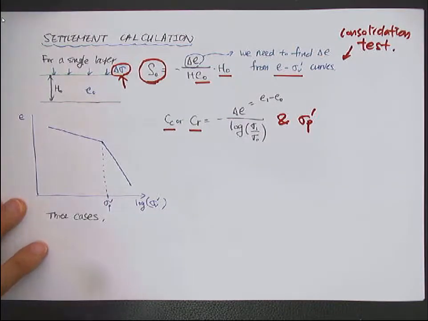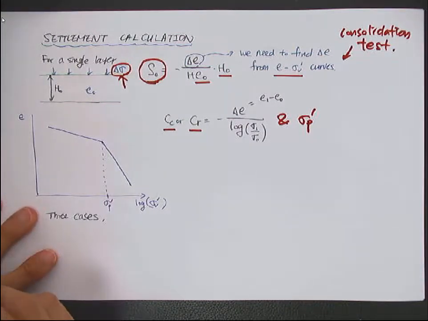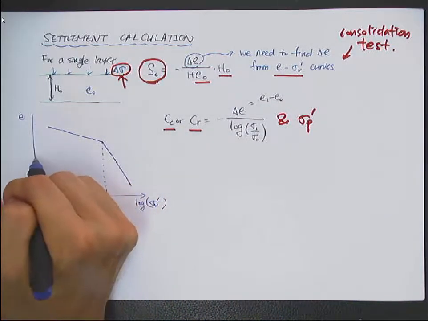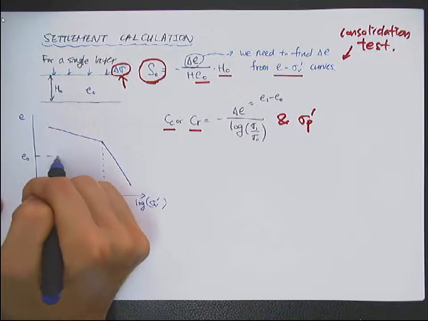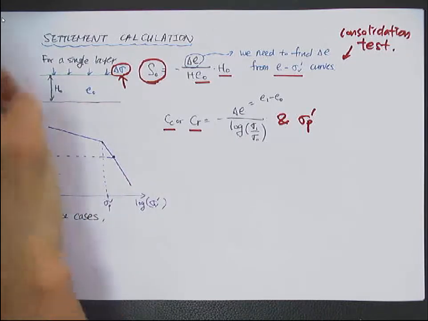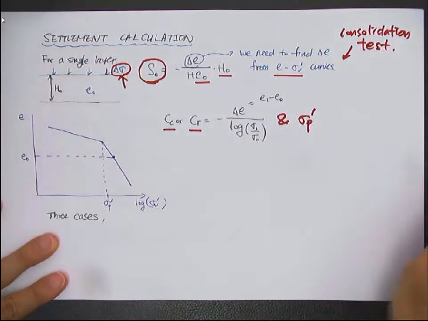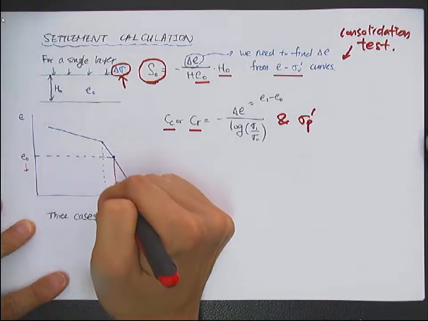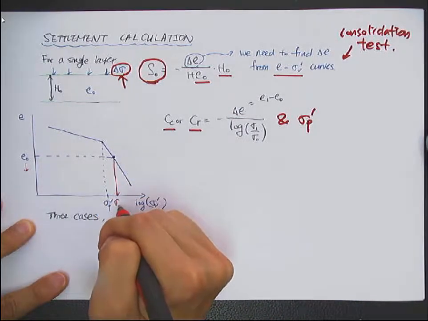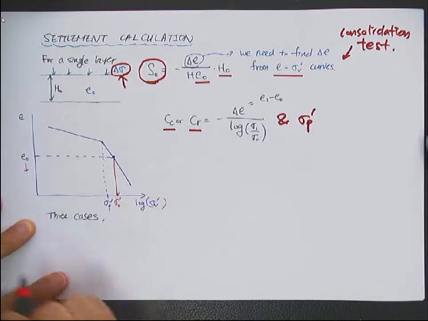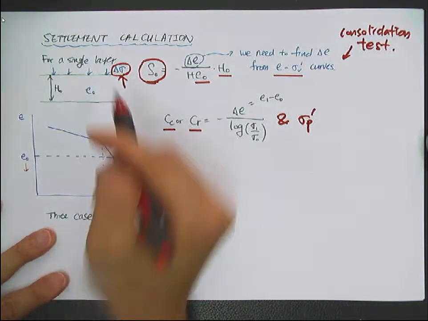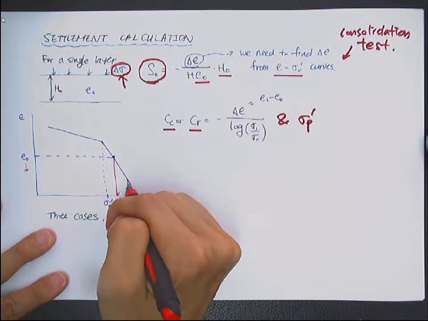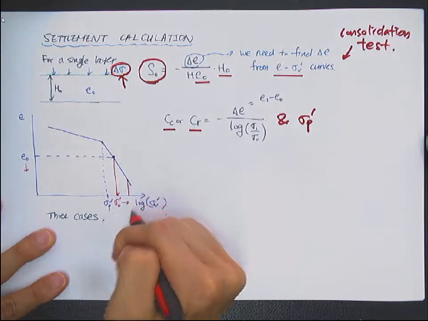And if the soil is normally consolidated, so that the current void ratio is here, let me use the other color, and as we apply, this is the sigma naught prime, and by this delta sigma it has moved to this.